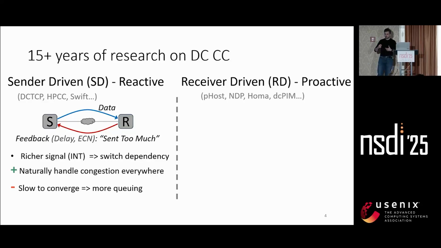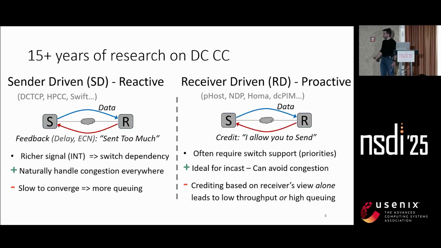But this increases the dependency on switch features, which then increases operational complexity. But this approach is naturally good at handling congestion wherever it happens in the network. But the downside is that it takes some time to converge, and during this time queuing can form.